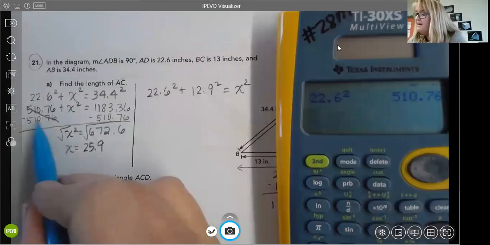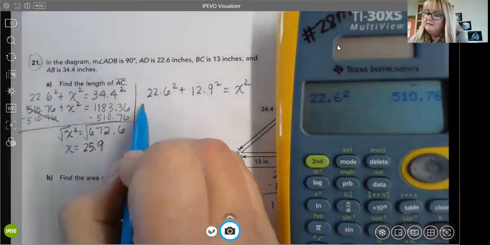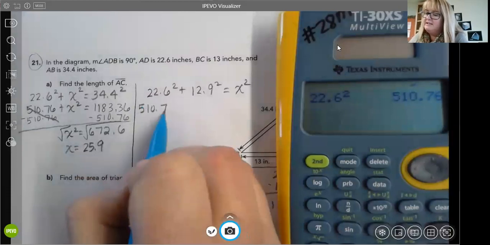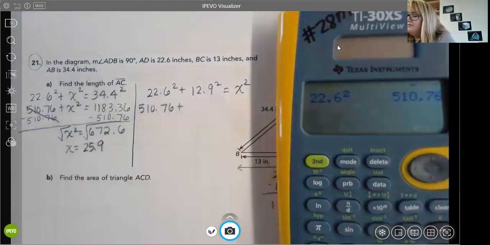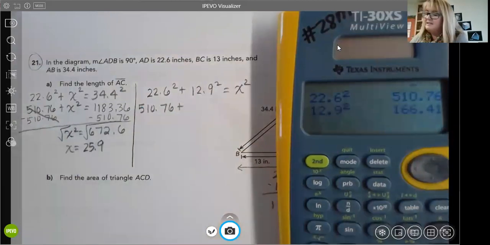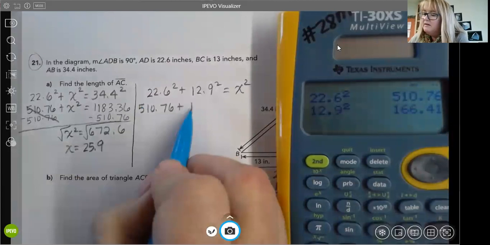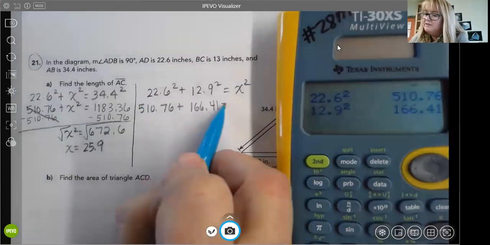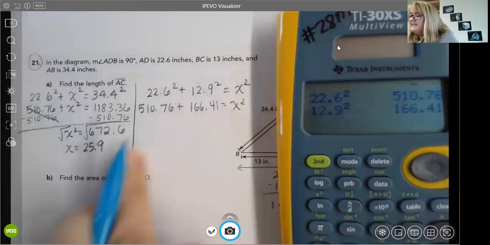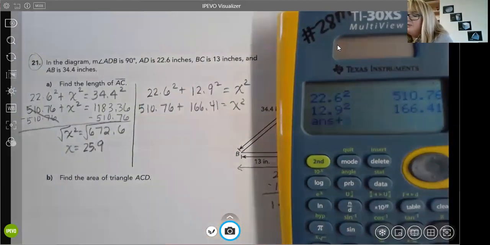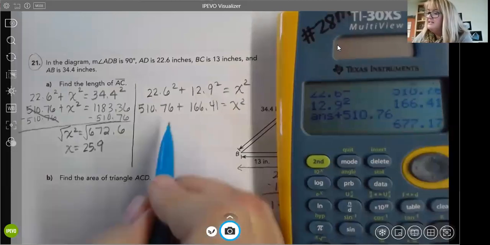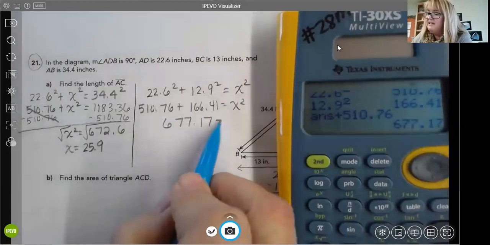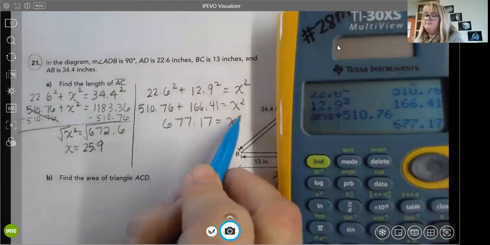Same thing it was earlier, 510.76 plus 12.9 squared, 166.41 equals x squared. So let's add those together. 166.41 plus 510.76. And that equals 677.17. That's what x squared is.